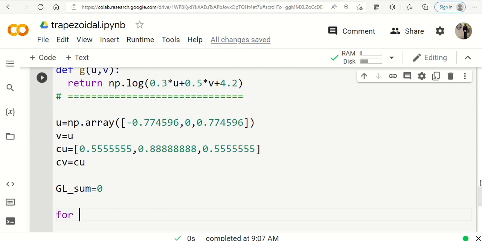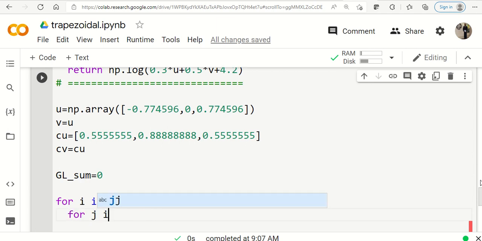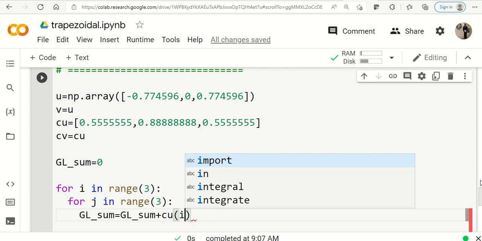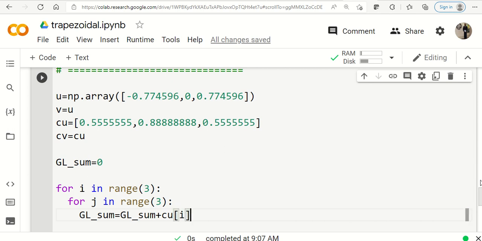Now for i in range 3, we are considering the 3-point rule, and for j in range 3, the Gauss-Legendre sum is equal to the Gauss-Legendre sum plus cu[i] times cv[j] times g of u[i], v[j].